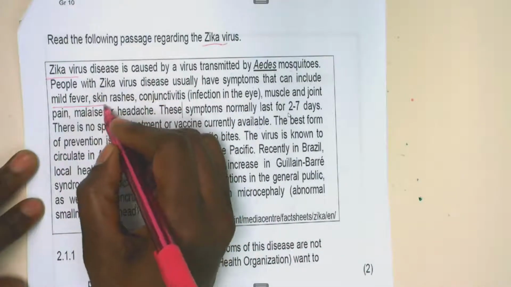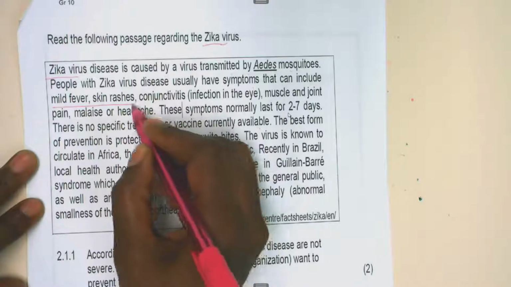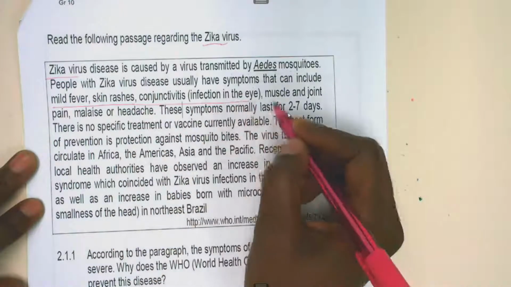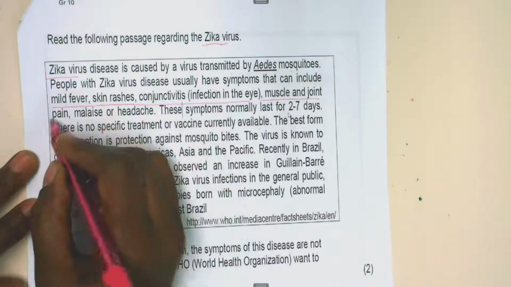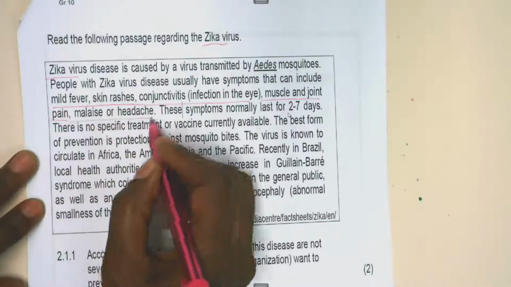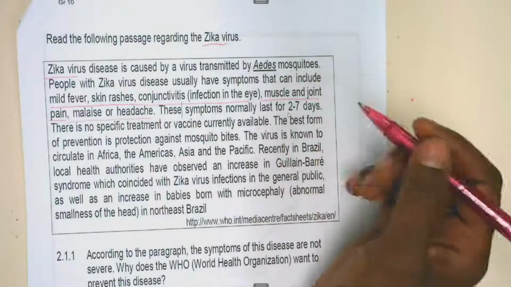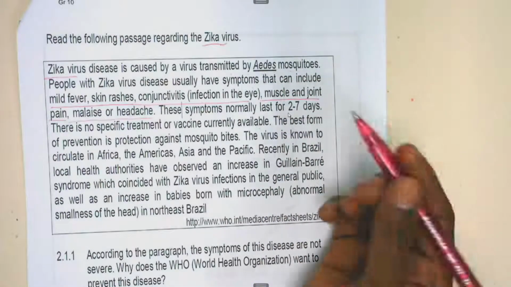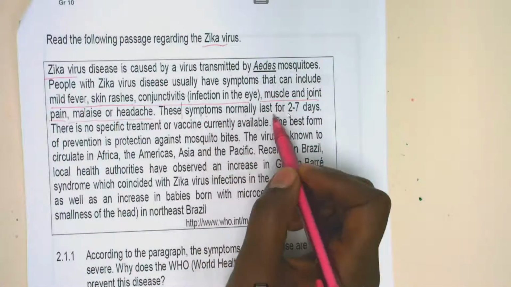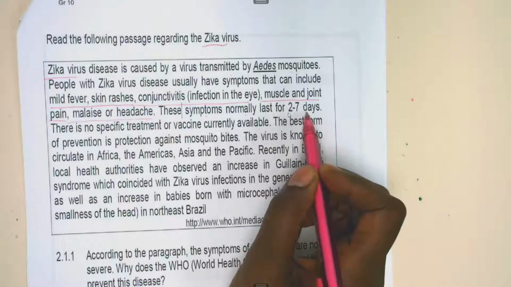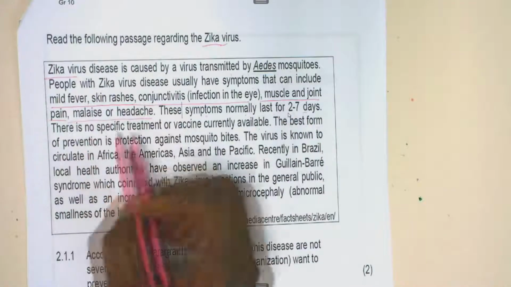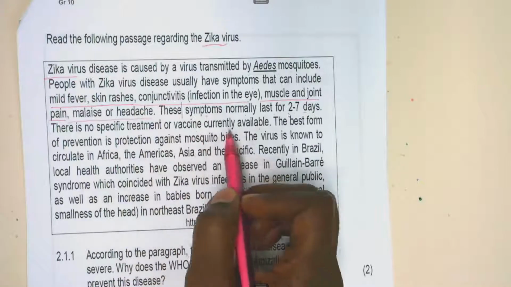And then skin rashes, infection of the eye, muscle and joint pain, and headaches. So those are the symptoms of this virus, which is called Zika. These symptoms normally last for 2 to 7 days. There is no specific treatment or vaccine currently available.